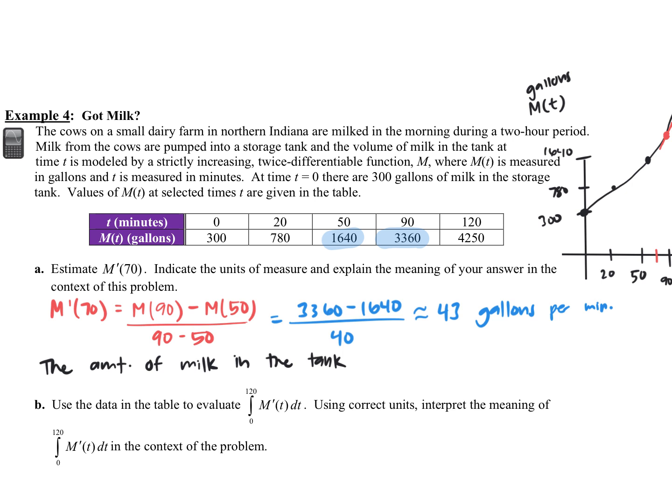So would this be increasing or decreasing? Increasing by 43 gallons per minute. But it's not always increasing at 43 gallons per minute. It's at specifically what time? At t equals 70 minutes.